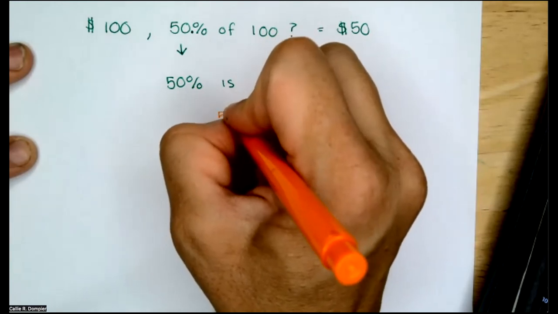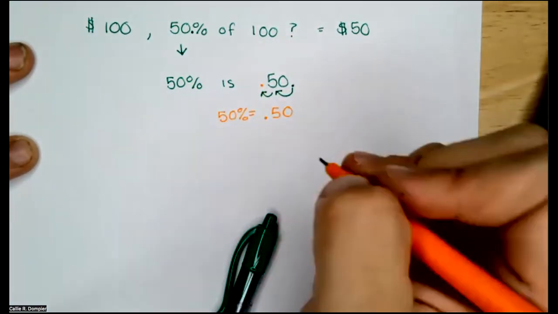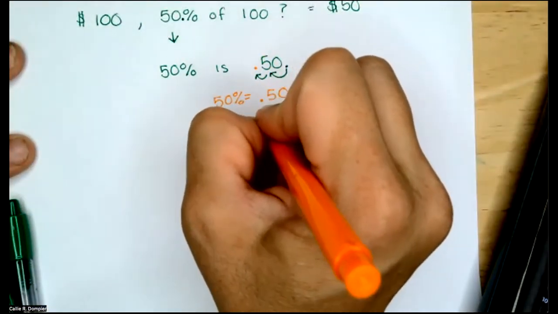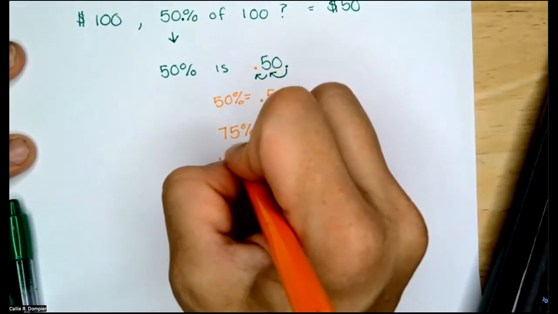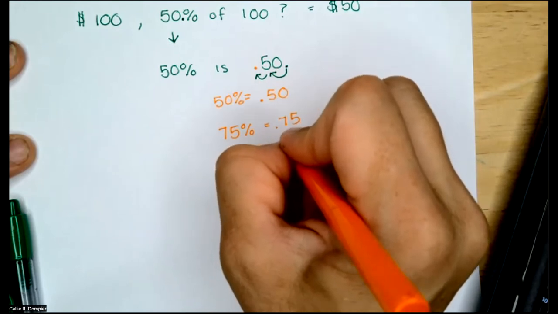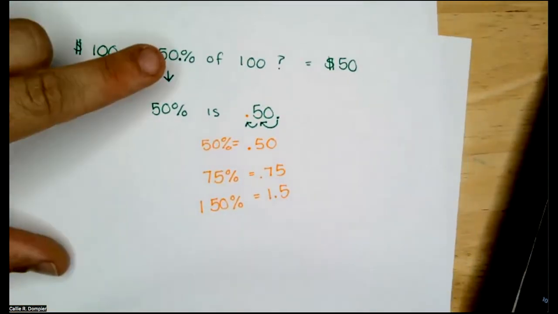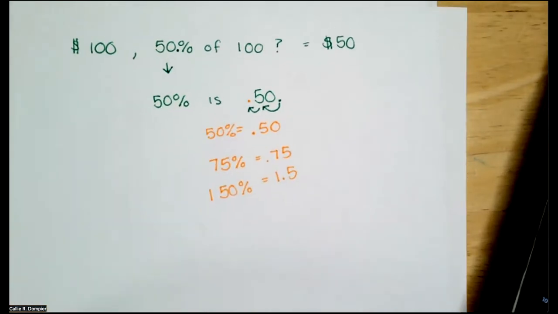0.5 is the same as 0.50, right? 75% is 0.75. 150% is 1.5. Okay. So you take that percent, you turn it into a decimal, and you multiply that decimal times the whole.